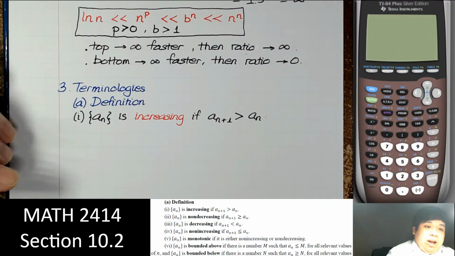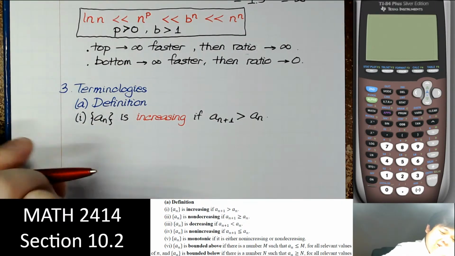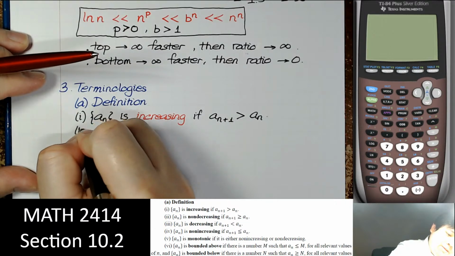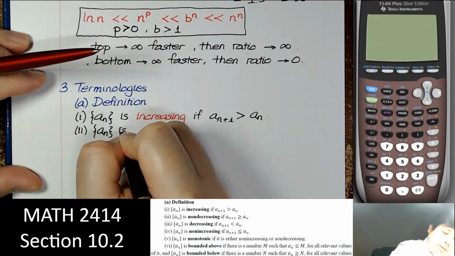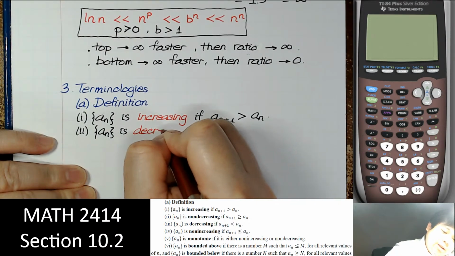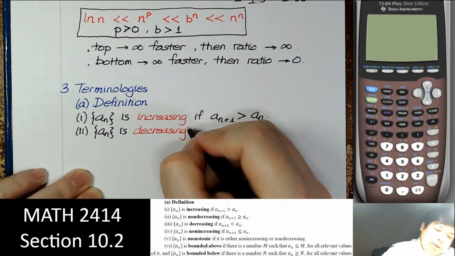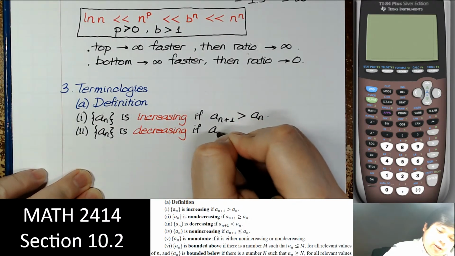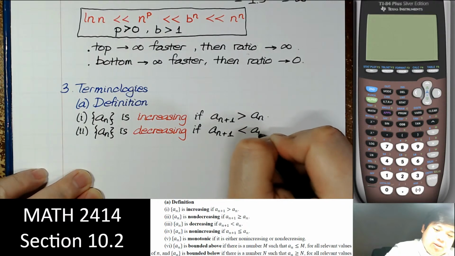It is increasing if the next term is bigger than the previous one. Now it is decreasing if the next term is less than the previous term.